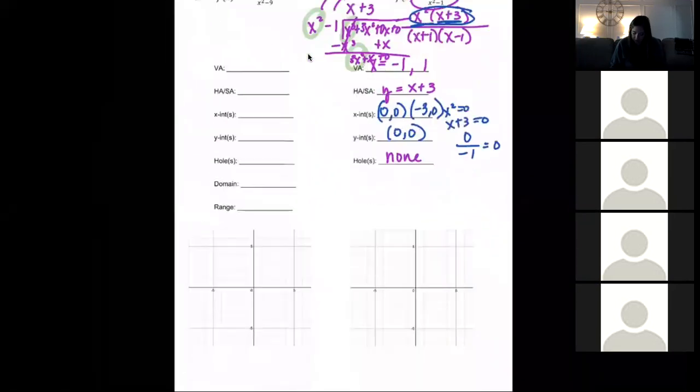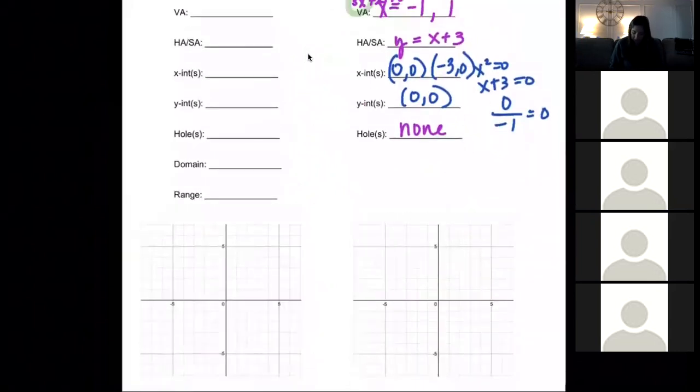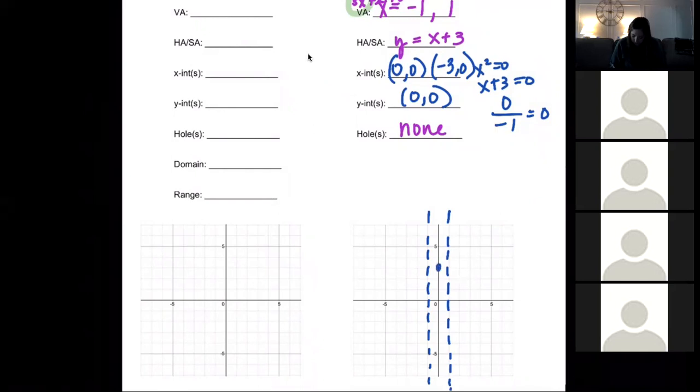So now I just need to plot the asymptotes and the intercepts. So I have 2 verticals, one at -1 and one at +1. Then I also have a slant asymptote, which is x plus 3. So that means I have a y-intercept at 3, and it would be a positive slope. And then I'm going to fill in the rest.